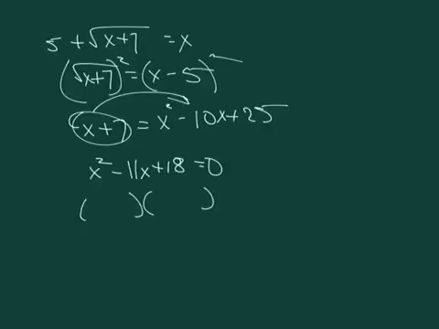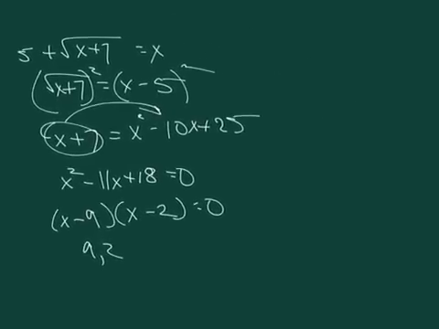And this one, fortunately, we can factor into two binomials, an x minus 9 and an x minus 2, which means x equals 9 or 2. And because we have a radical up here, we need to do some checking to see if this works. All right, so let's plug 9 in. 5 plus the square root of 9 plus 7 equals 9.